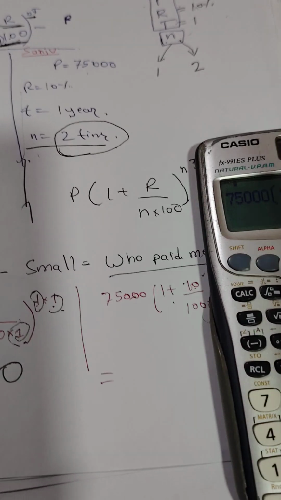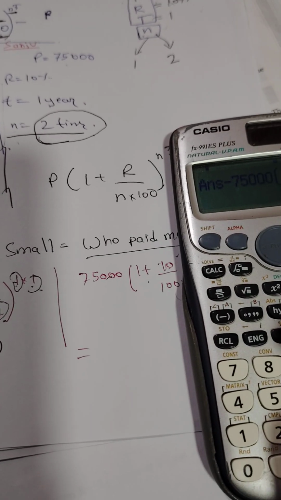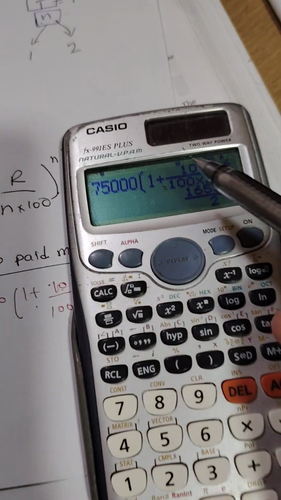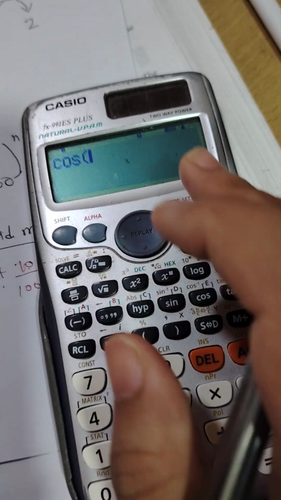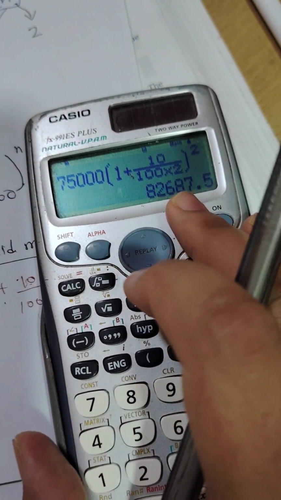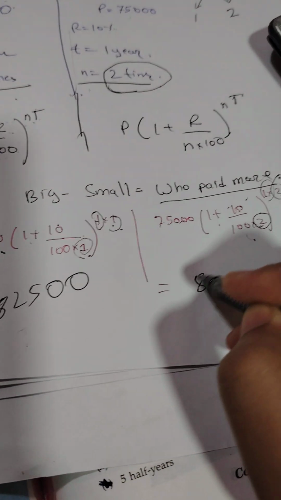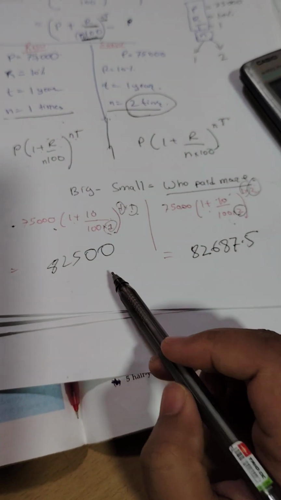As for Sanju, he is making 2 payments a year. Now look at the difference. I wrote the exact formula, 7,500 into 2. So as you can see, Sanju will be returning 82,687.5. Now look, who's paying more?